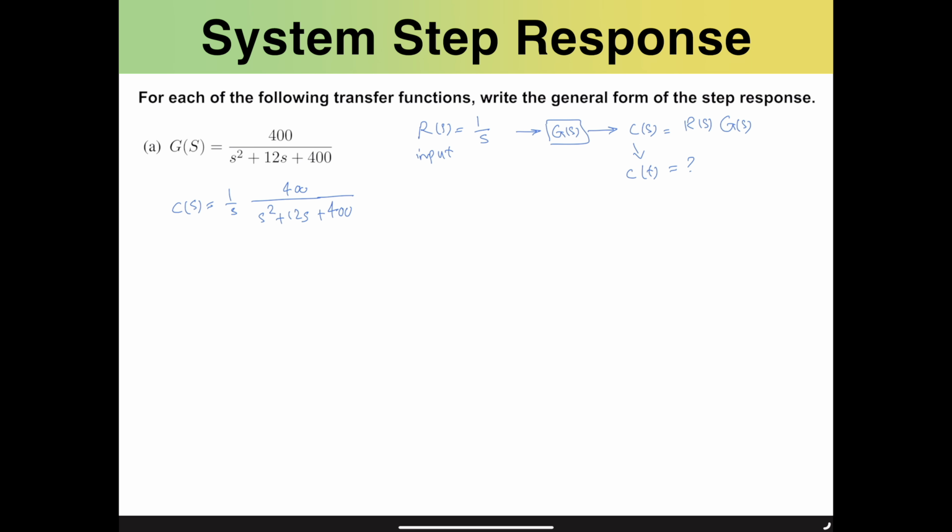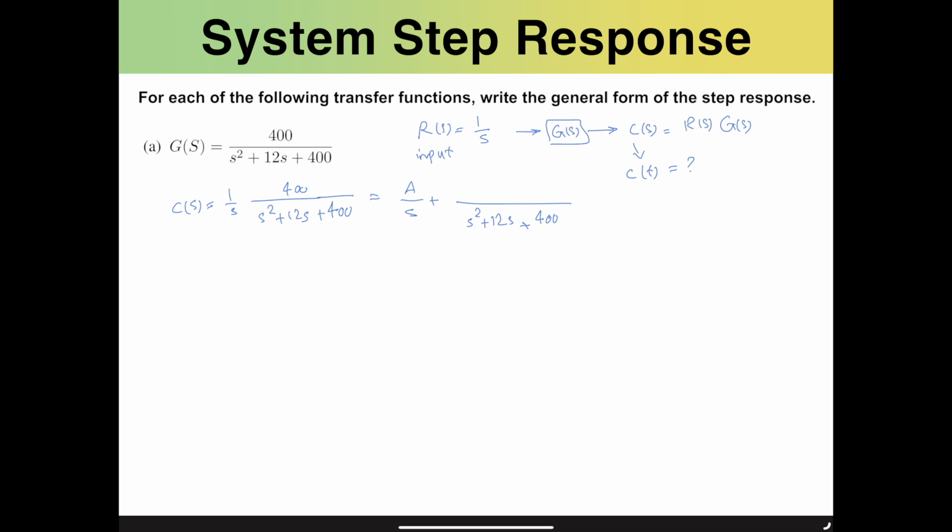So we need to convert the result of this multiplication into a summation or subtraction of simpler pieces. And in order to do that, we would assume that one of the roots, which is 1 over s, the pole that is at origin, is going to represent itself in the final result again. So we would consider that at the very end as well. But we don't know what coefficient it might appear with, so we would call this generally with a coefficient of A. And also, we know that this second order system, the roots of which cannot be simplified easily, is going to appear as part of our result at the end.